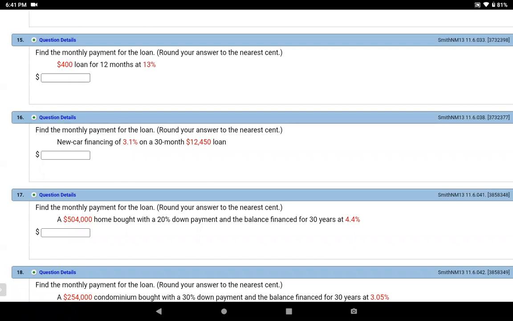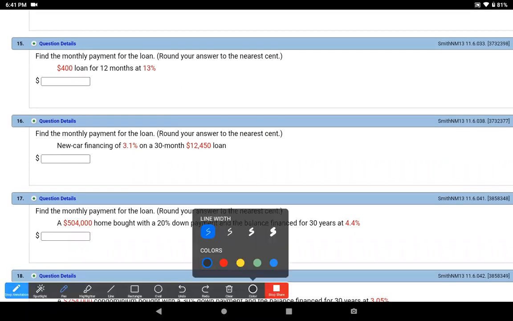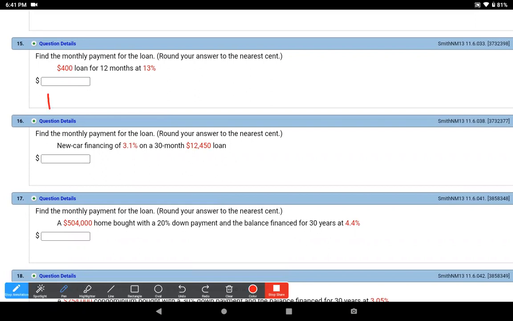Here, find the monthly payments for the loan. We have a $400 loan for 12 months at 13%.